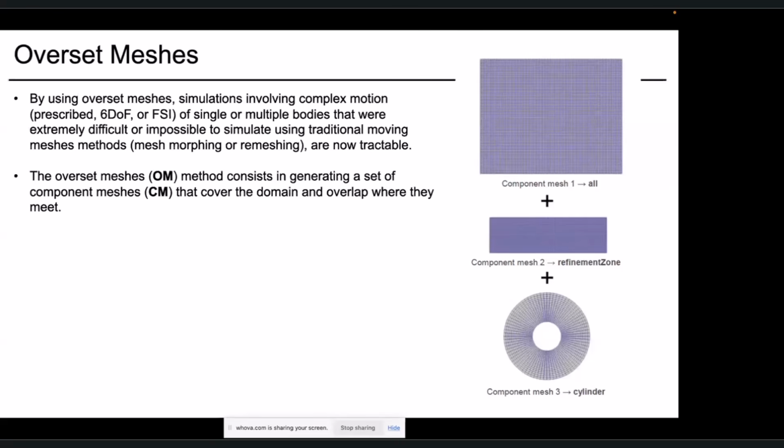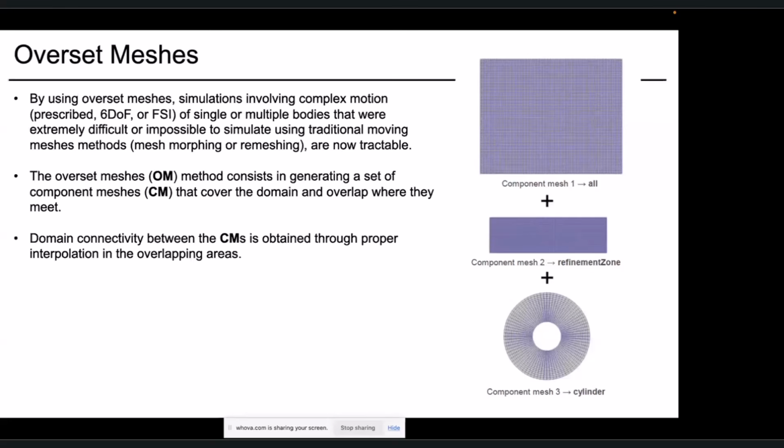All right. So overset mesh consists of multiple component meshes, and the connectivity between the connected mesh and the background mesh are obtained through proper interpolation in the overlapping areas, which are termed as the overset patches, which we will see in a while.